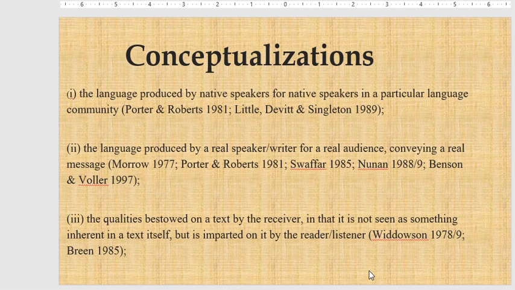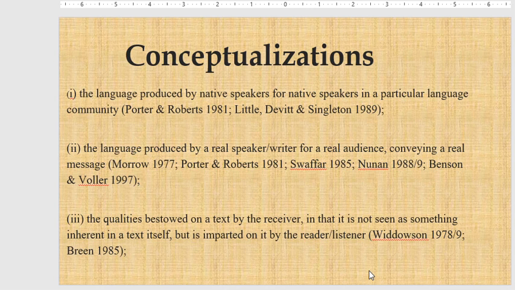But they are proficient speakers. They do not use distorted language, they use natural language. So I prefer this one, and this one is preferred also by Gilmore, because the language is used by a real speaker for the real hearer, for the real purpose, for conveying a real message.